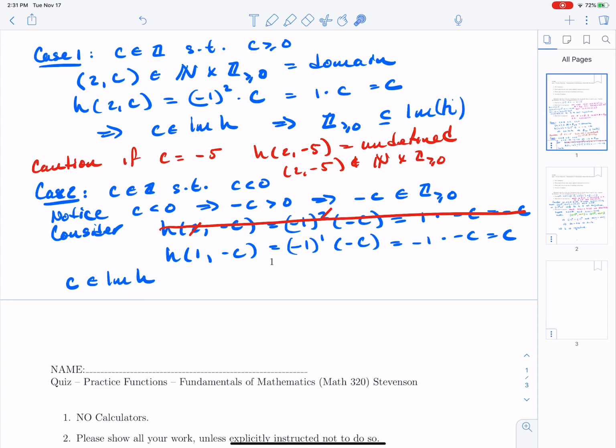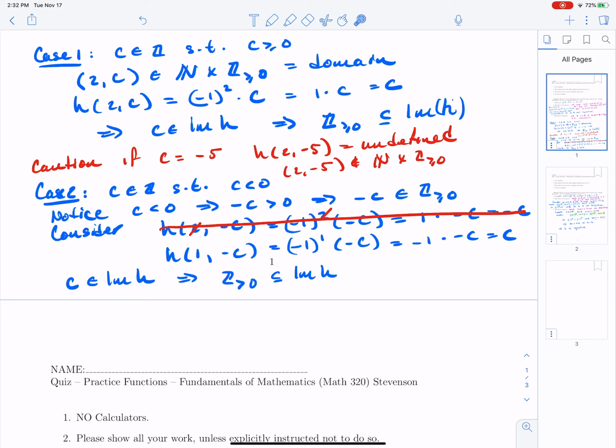And so what have I shown? I've shown that every integer which is negative is contained in the image of h. So I've shown that these integers are contained in the image of h. So now I've got the positive integers are in the image of h and the negative integers are in the image of h.